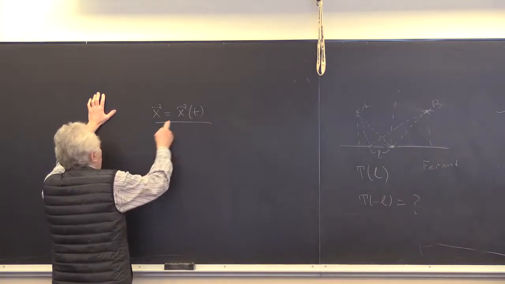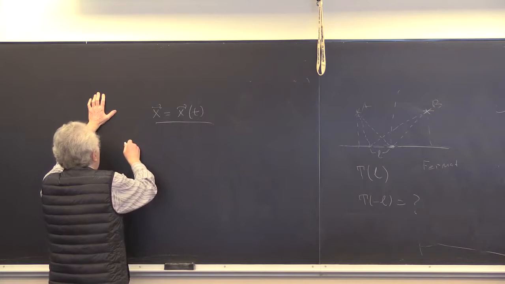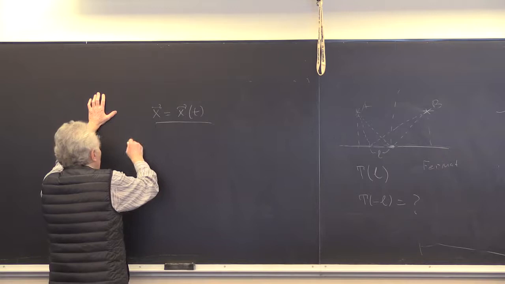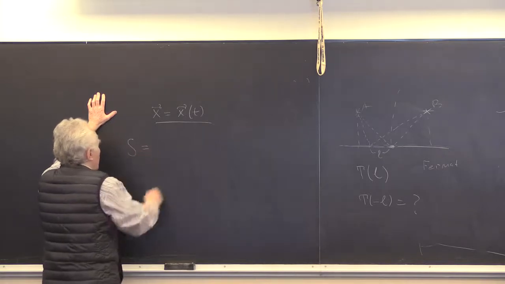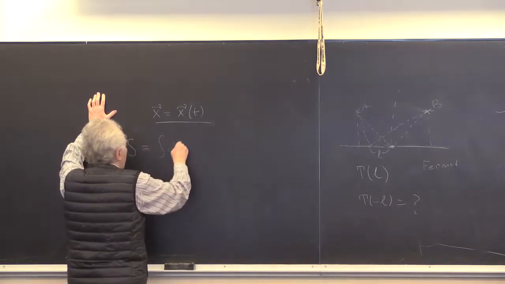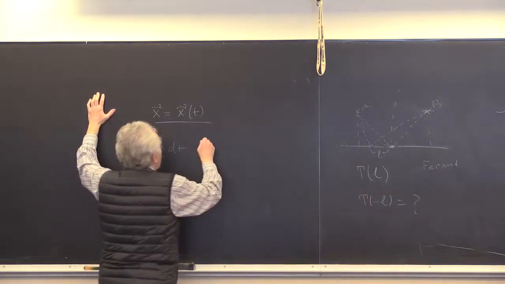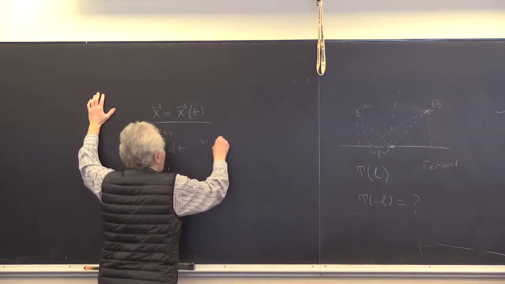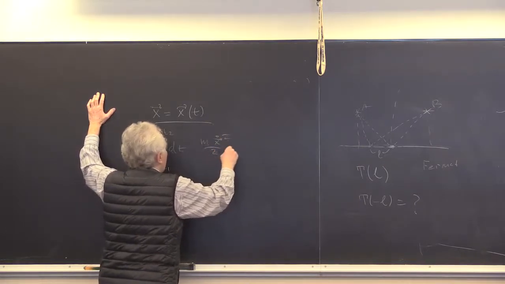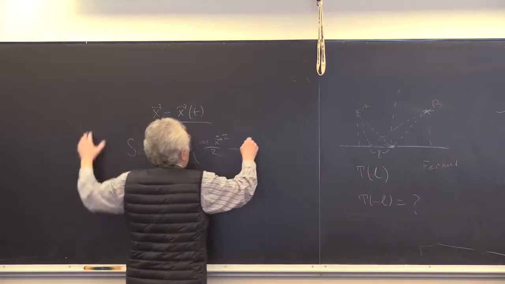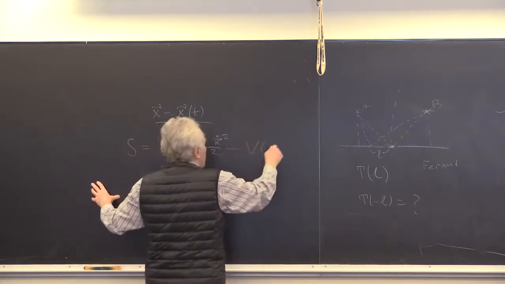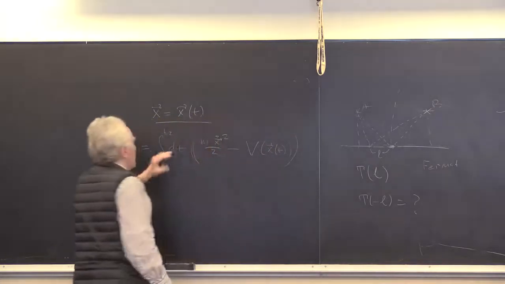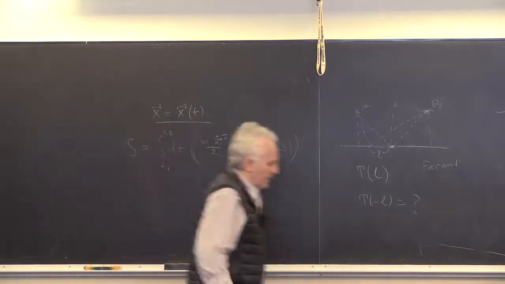Kinetic energy is x dot squared, and for a reason which will become clear later, we can look at the following quantity called action, which is the integral over dt from t1 to t2 of the difference between the kinetic and potential energy.